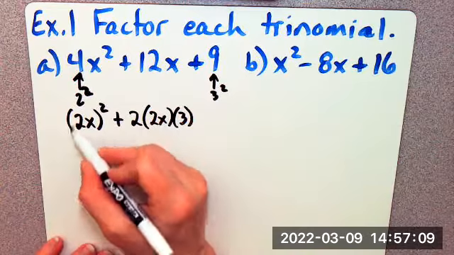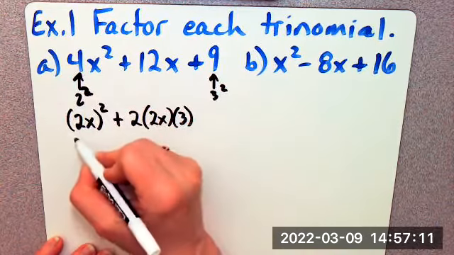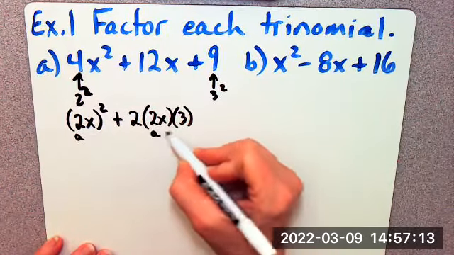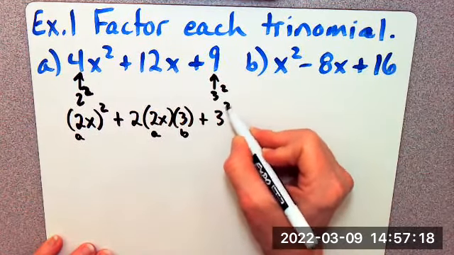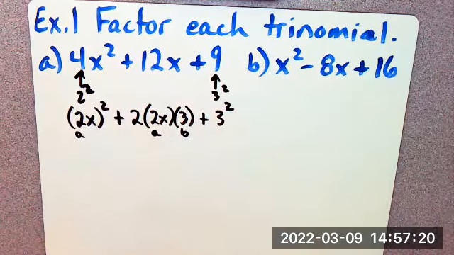So I have A and B right here, plus the 3 squared, which is b squared. Okay, so that would be one way to do that.